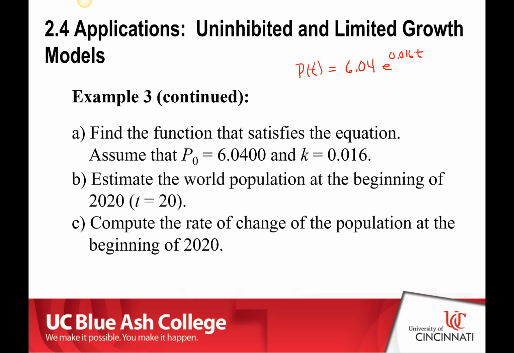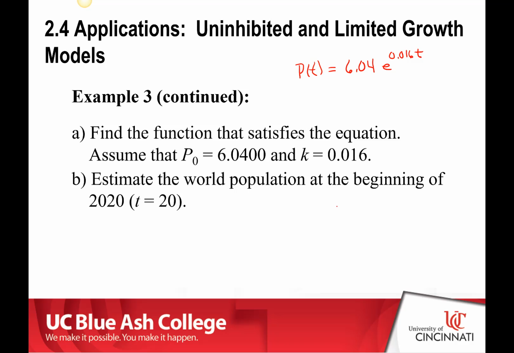Now that's our function, but is that talking about the rate of change? That's not talking about our rate of change, is it? We need the derivative. So what we need to do is compute the derivative of this, P prime of t, which isn't horrible to do.